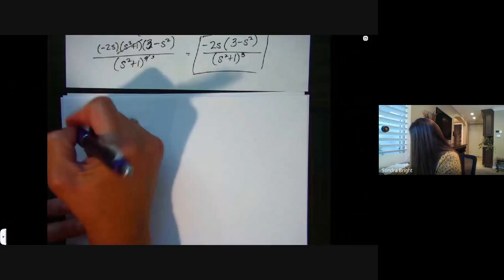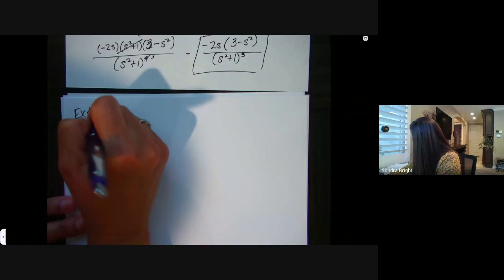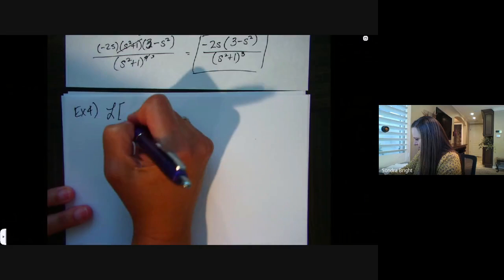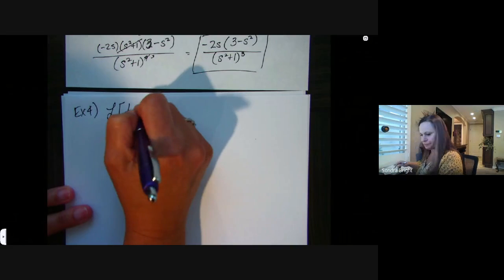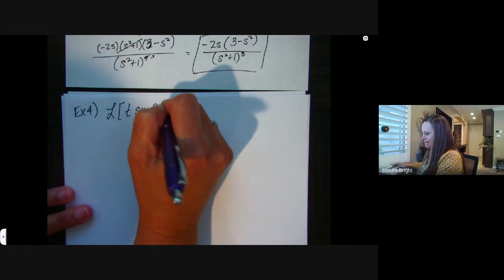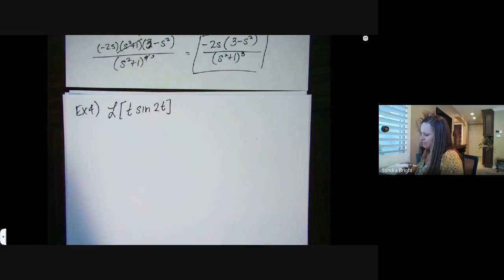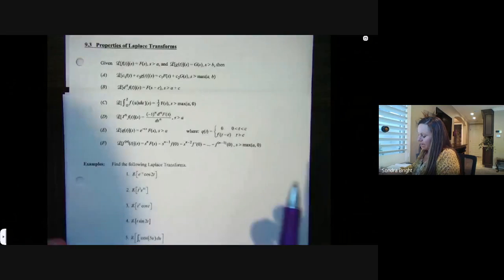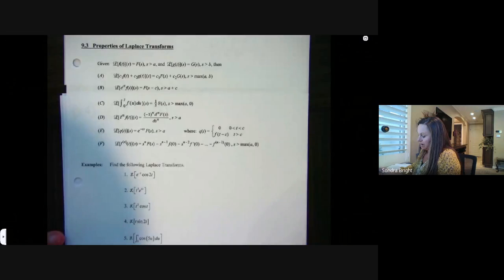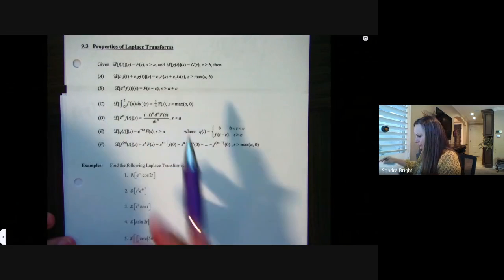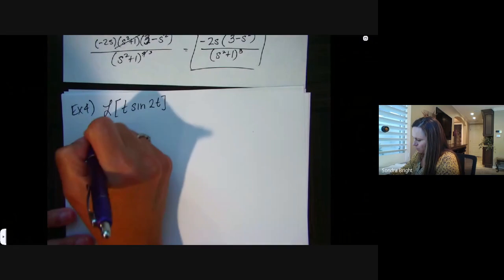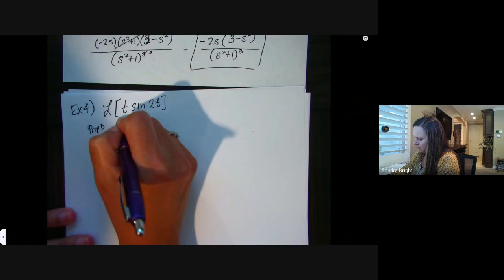Let's find the Laplace transform of t times sine of 2t. Okay, t times sine of 2t. Well, sine of 2t will be f of t. So this is another property D, where here your n would be 1.